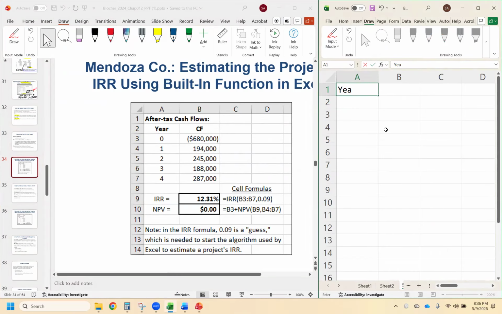All right, so I've got year and cash flow. Year 0, that's today. And then end of year 1, 2, 3, and year 4.